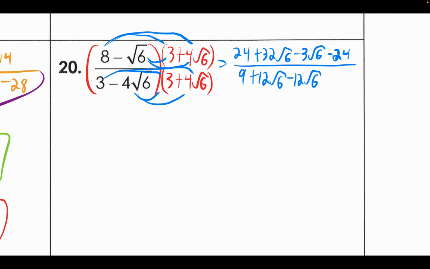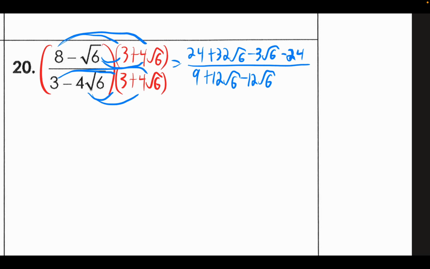That would be the thing I was writing out earlier, which would be negative 4 times positive 4, square root 6 times square root 6, which is negative 16 times 6, which is negative 96. So minus 96.